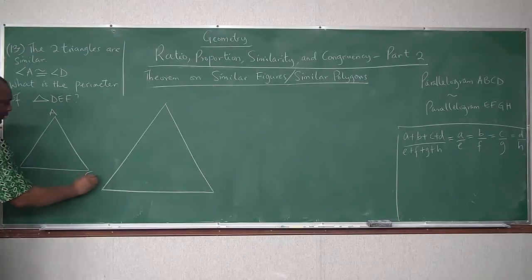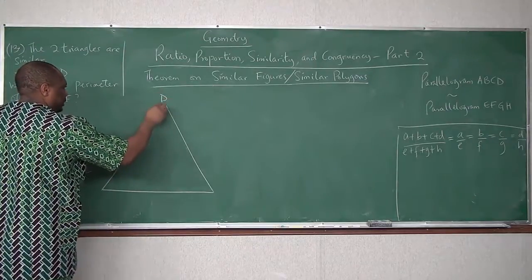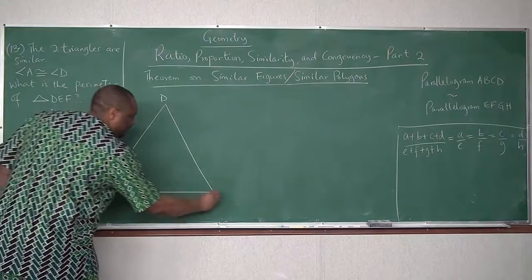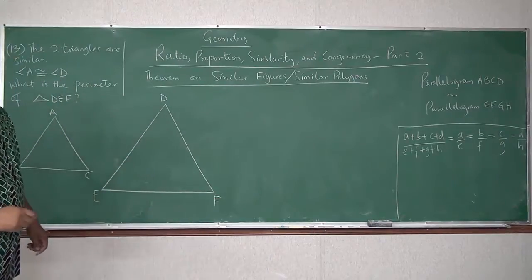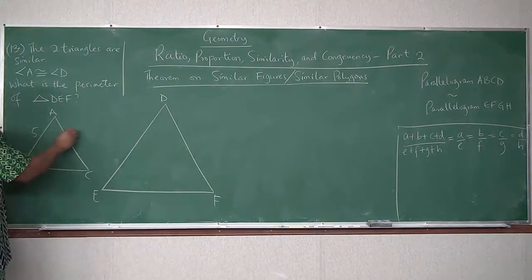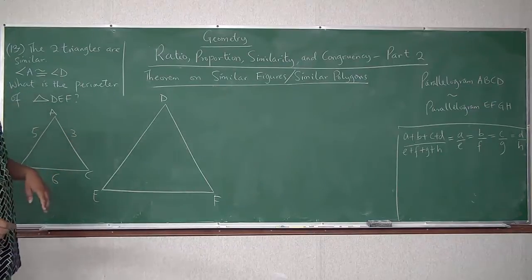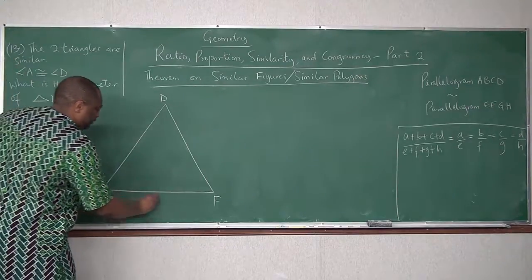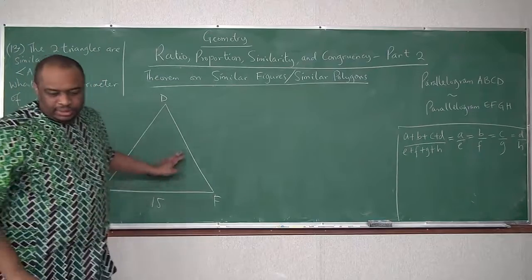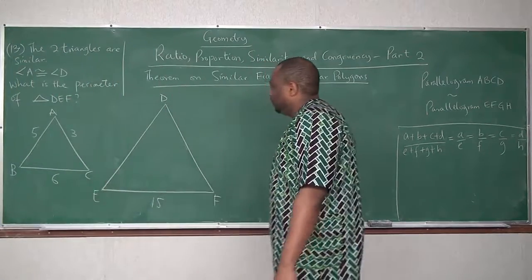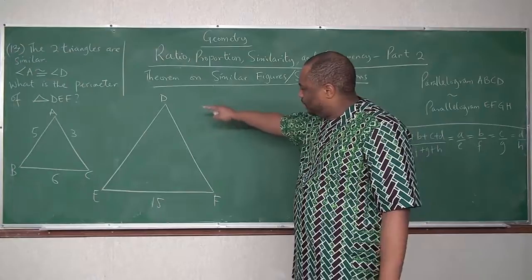Here is 5, 3, 6 and this is 15. So this is the question here. You are asked to find the perimeter of DEF.